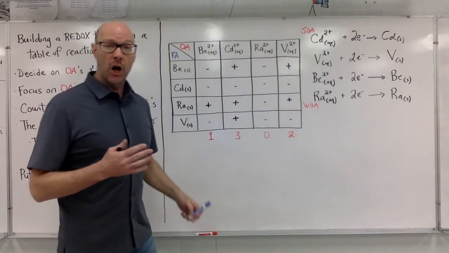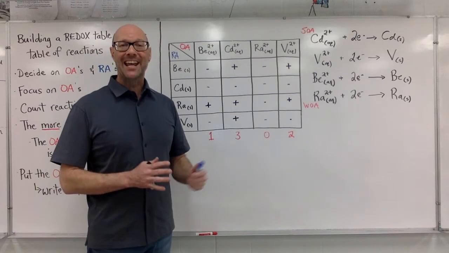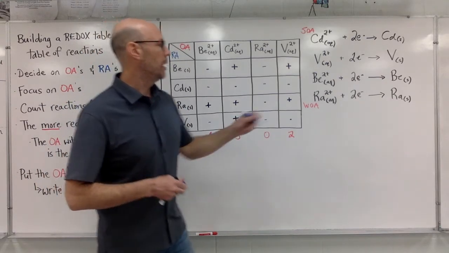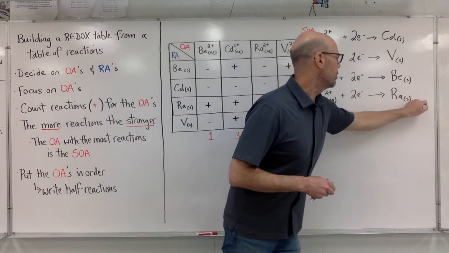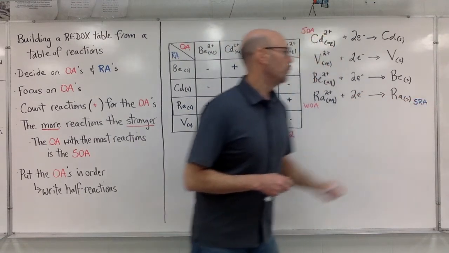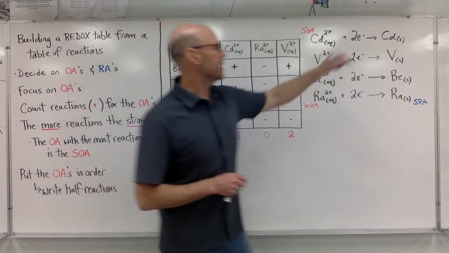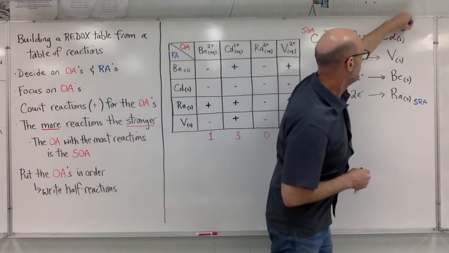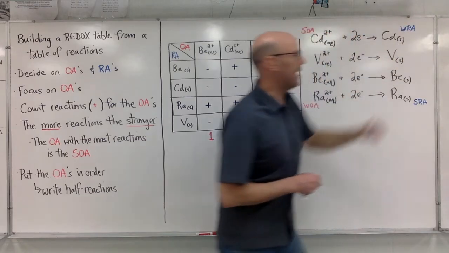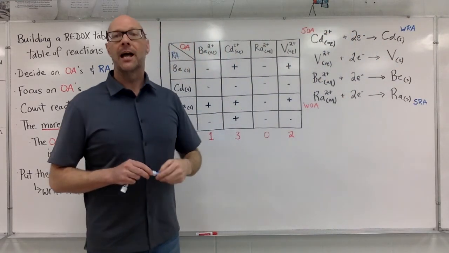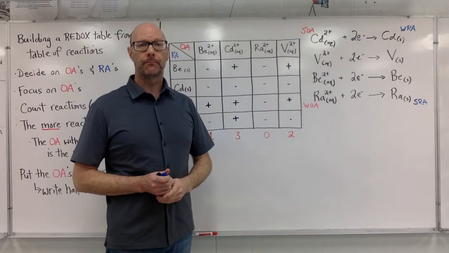By doing that, I also end up with my reducing agents in order as well. The strongest reducing agent here would be the solid radium, and the weakest reducing agent would be at the top up there, the solid cadmium.